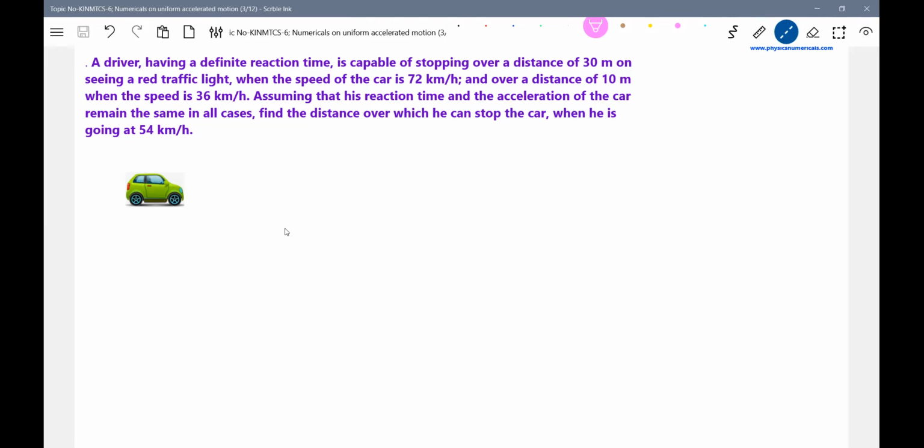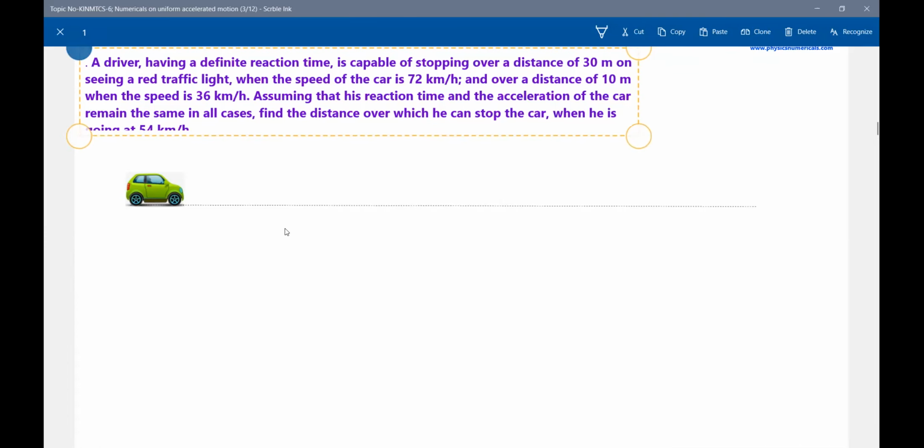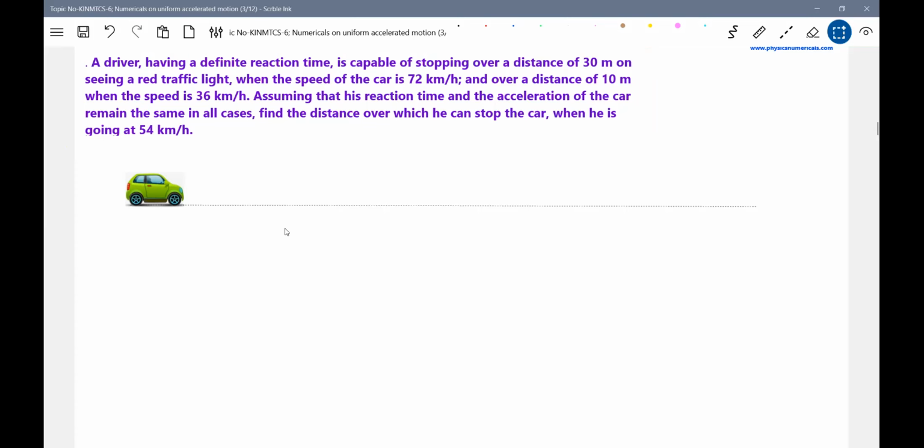What do you mean by reaction time? I think we should understand the word. See, the moment he sees the red color traffic light, then the person will take some time, no, to press the brake or to decrease the acceleration, to decrease the speed.